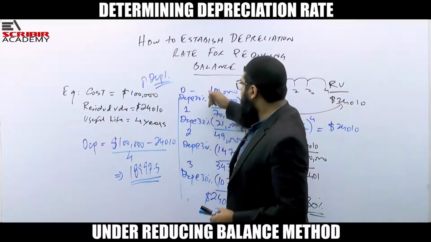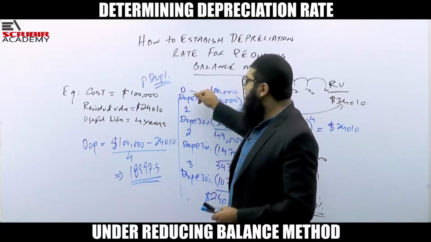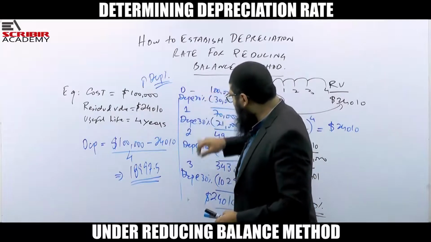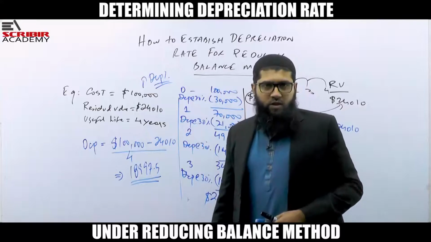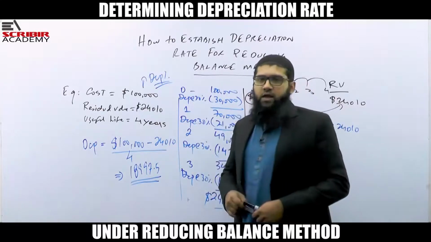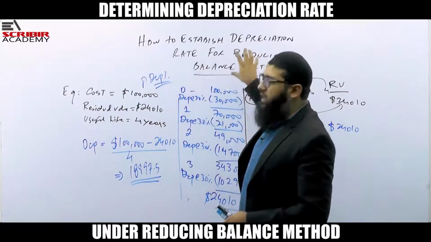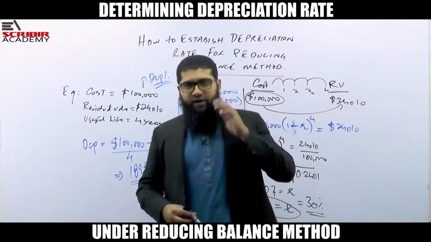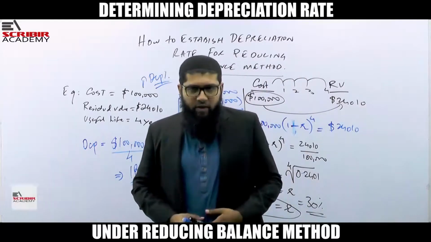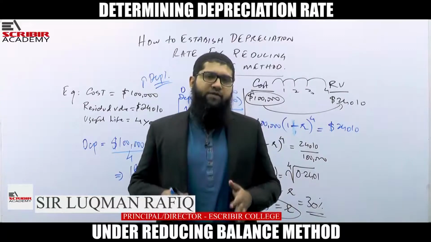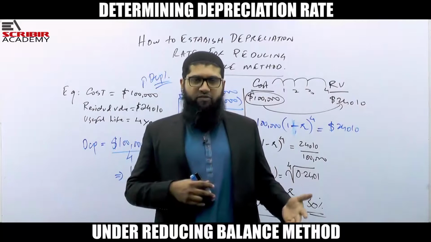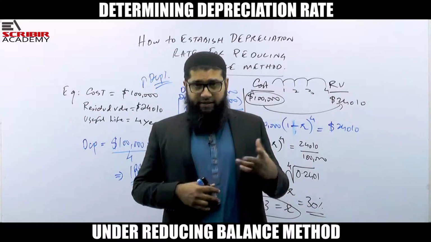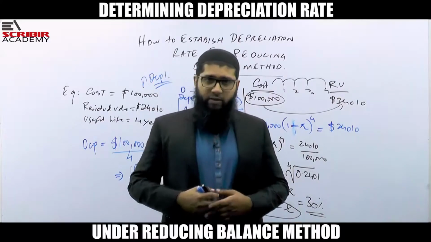When this asset is depreciated from its cost, it ultimately reaches its residual value while using this specific rate. So this is the concept of how the depreciation rate is established under the reducing balance method, and also why we do not deduct the residual value at the time of establishing the depreciation per year under the reducing balance method.